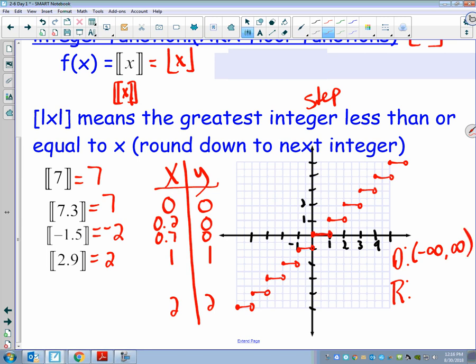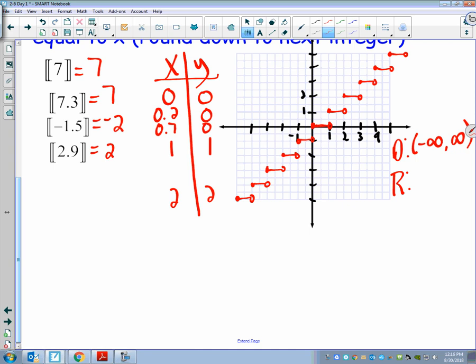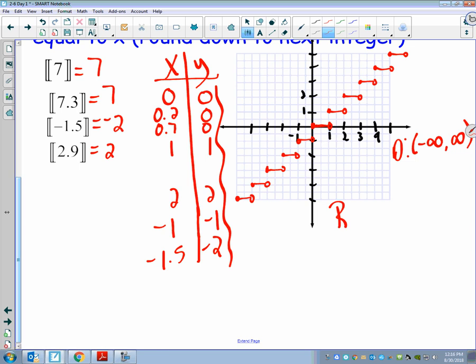But what are the only kind of numbers that I get over here in the y values? Well, I only get integer numbers, right? If I plug in negative 1, I get negative 1. If I plug in negative 1.5, that's going to round down to negative 2. These are only integer values. So to say that as a range, you can't write it in interval notation. This is one that you have to write in set notation.